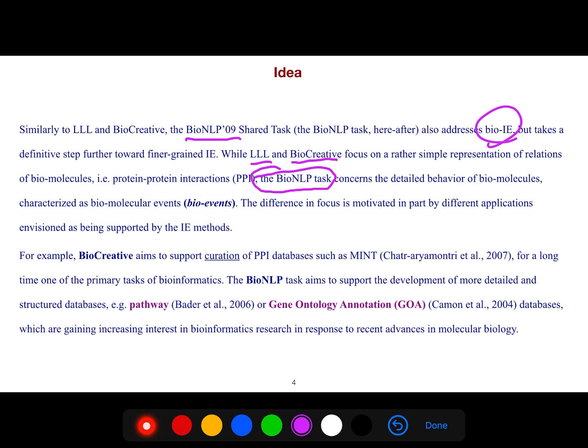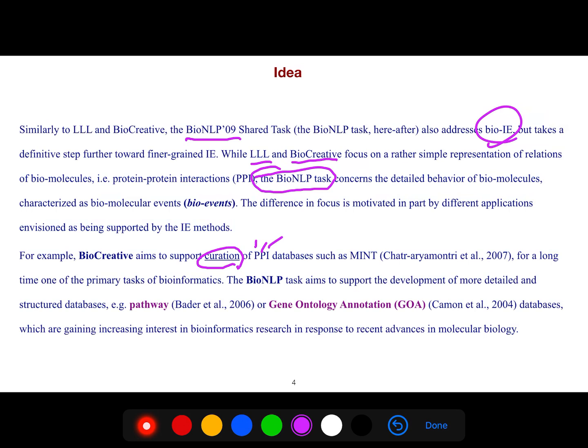The difference in focus is motivated in part by different applications envisioned as being supported by the IE methods. For example, BioCreative aims to support curation of protein-protein interaction databases such as MINT, for a long time one of the primary tasks of bioinformatics.